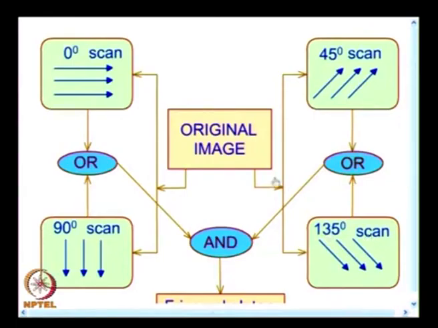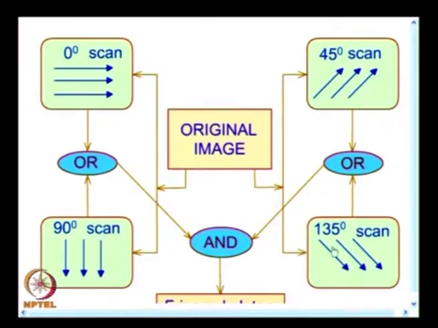So, in essence, once I have an original image, I will globally search the image only 4 times, one each at 0-degree, 90-degree, 45-degree and 135-degree.